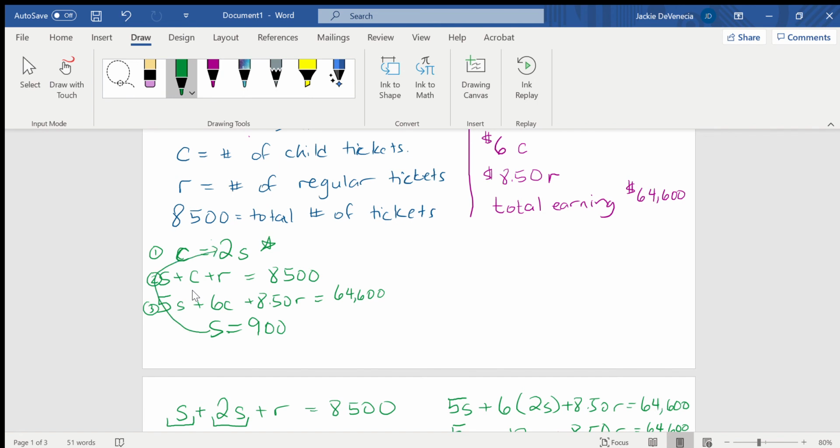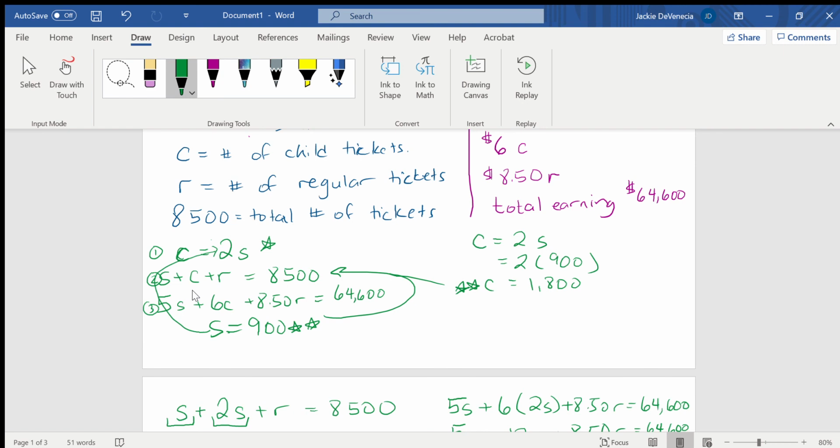So we can find the child tickets if we do 2 times S, which is 2 times 900, which will give you 1,800. So the child tickets was 1,800. And then we want to find the regular tickets, right? So we can place this number and this number into this equation to find that number of regular tickets.